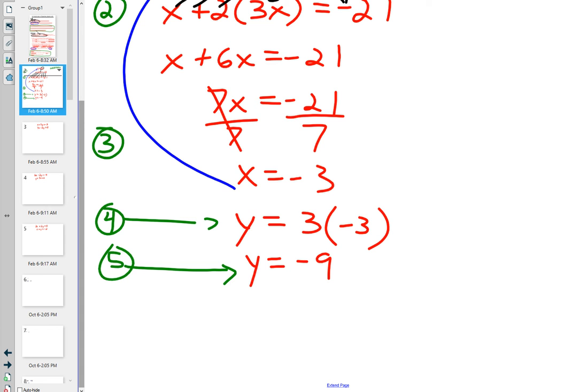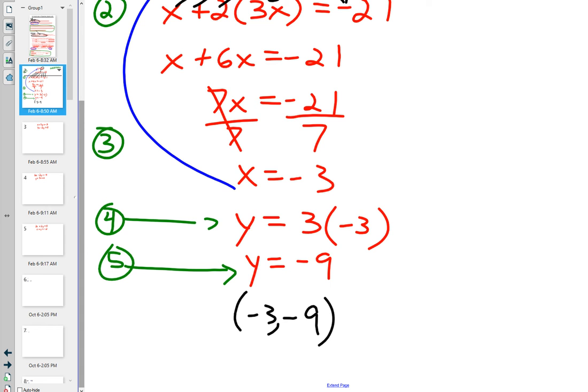And now I'm done. On the test that you take next week, part of what you're going to be judged on is your ability to write an ordered pair. Okay? X comma y. Not the order you solved it. There's going to be some of these where you end up solving for y first and then x. If I would have solved for y first and then x, I'm not going to write negative 9, negative 3. I'm still going to write it as an ordered pair.